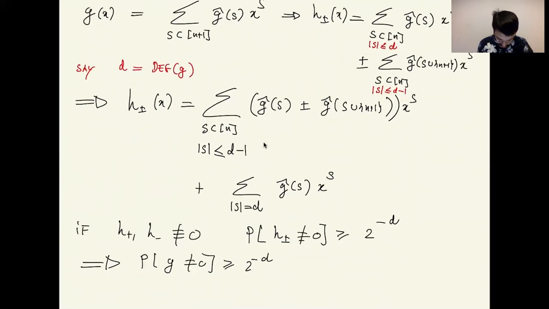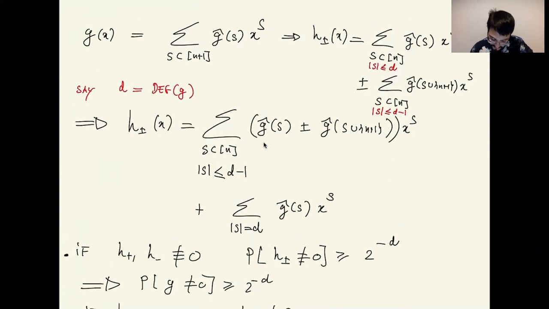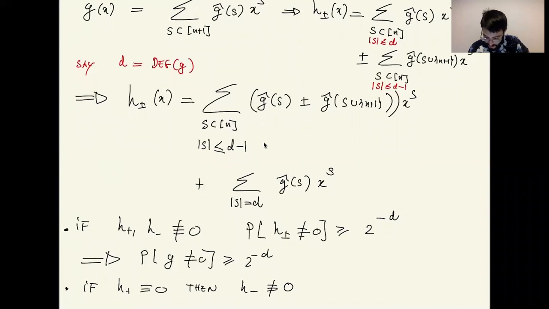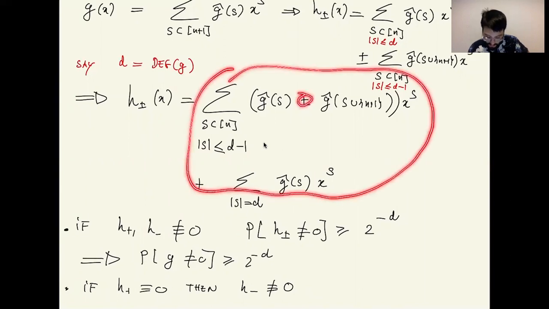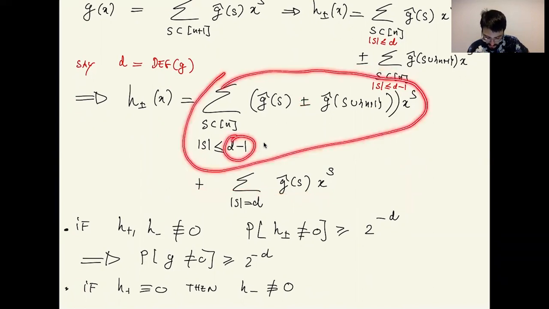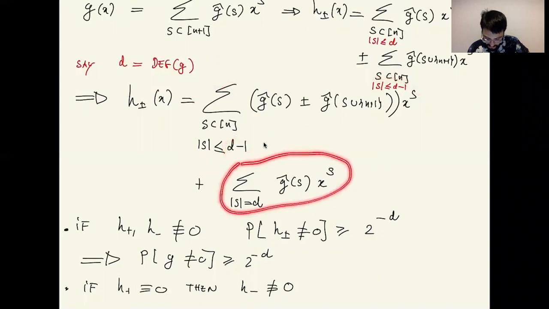If that's not the case, this is case 1, say H plus is identically 0. Then H minus cannot be identically 0. Because if H plus was 0, that means this whole thing here is identically 0 when I put plus here. Well, these guys only live with S less or equal than D minus 1. So if that is 0, this part here has to be identically 0, meaning these coefficients have to be identically 0.